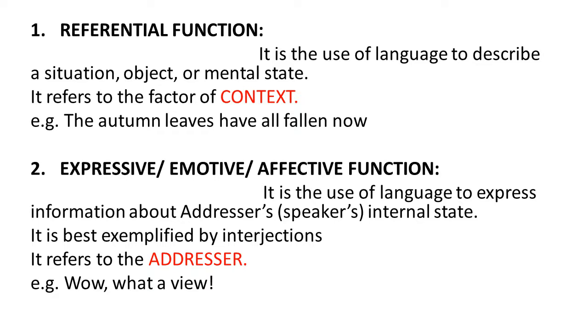As in the first one, we saw that it refers to the context. In the second one, it refers to the addresser because the addresser's internal state is involved. For example, wow, what a view. So here we can understand that the speaker is happy, and the happiness of his internal state is visible in this sentence.